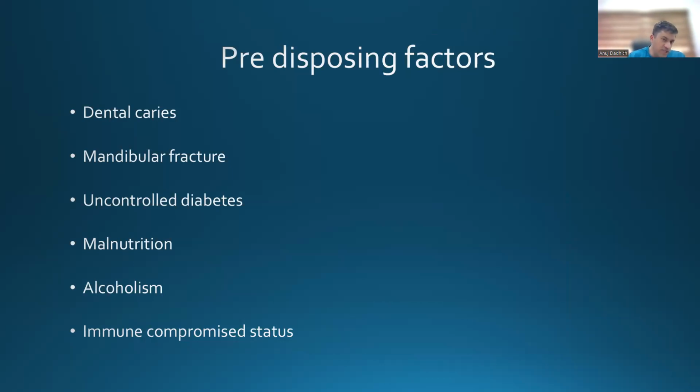A malnourished patient and patients who are chronic alcoholics, their immunity is compromised and they are vulnerable for development of dental infection, developing into space abscess or cellulitis more as opposed to a normal healthy individual. And patients who are immune compromised, patients who have received organ transplantation, patients who are HIV positive, they are more prone to development of infections like Ludwig's angina.